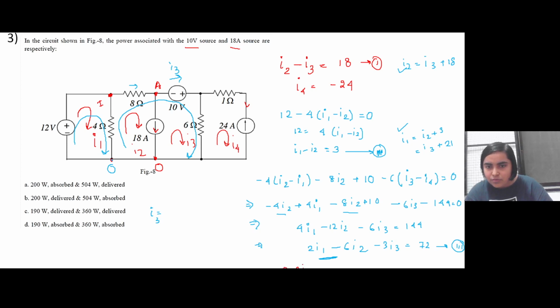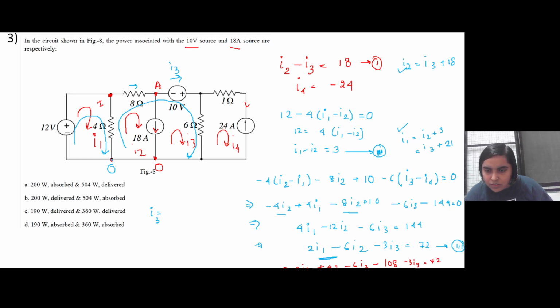This will be 2 I3 plus 42 minus 6 I3 minus 6 into 18. 6 into 18, it is 108. 72.